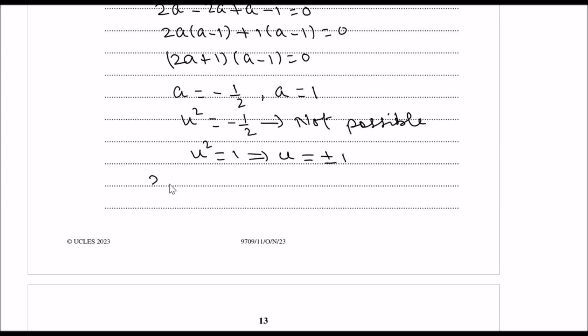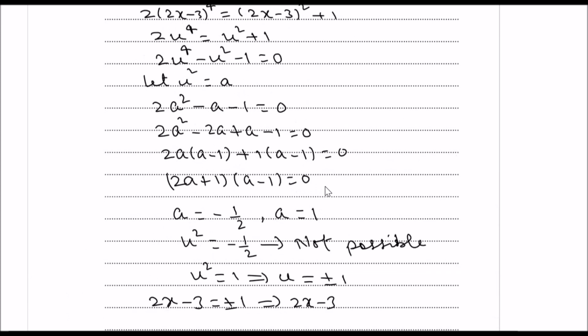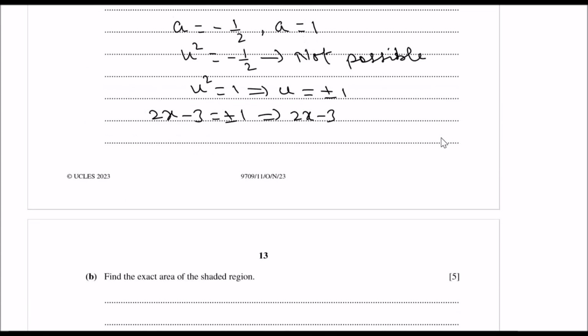So that means 2x minus 3 equal to plus minus 1. So we have 2x minus 3 equal to 1, or 2x minus 3 equal to minus 1.